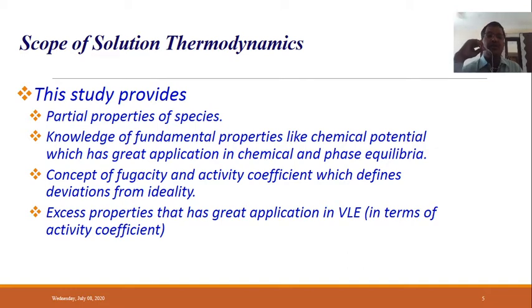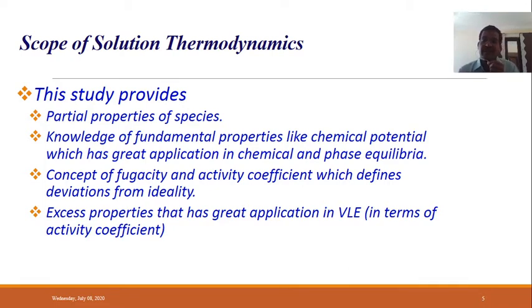This solution thermodynamic study will provide partial properties of species that can be calculated. Then knowledge of fundamental properties like chemical potential has great application in deciding chemical as well as phase equilibria.